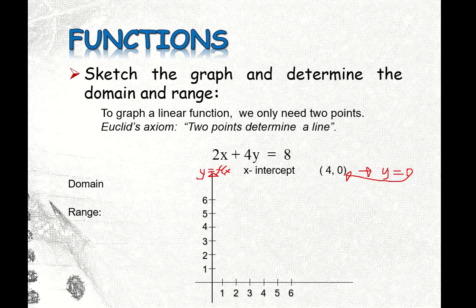So we have y equal to f of x, and this is our x-axis. So we can plot this 4, 0. This is an ordered pair. So when y is 0, x equal to 4. It is at this point.